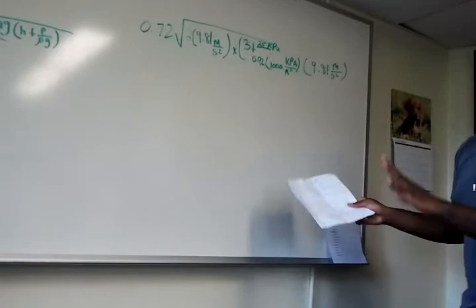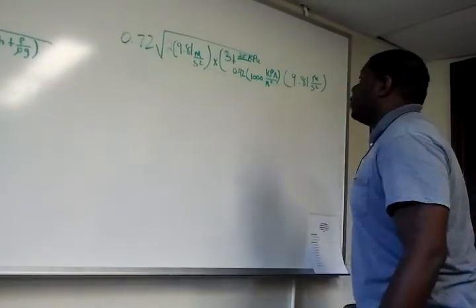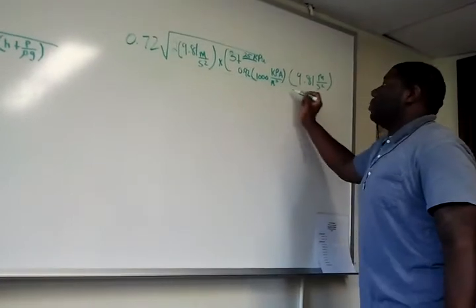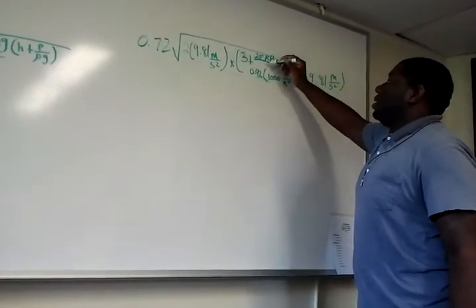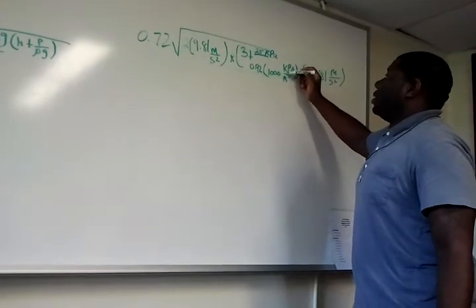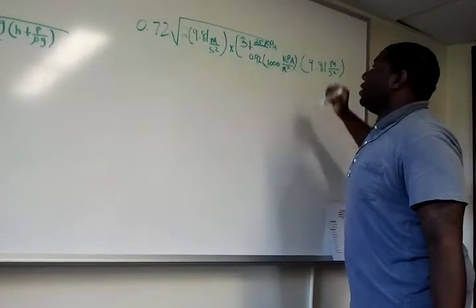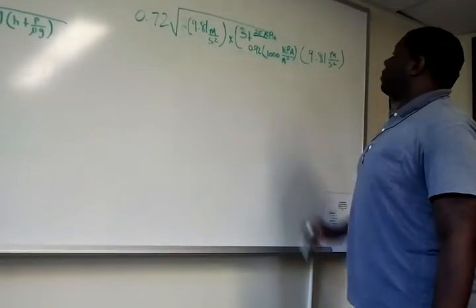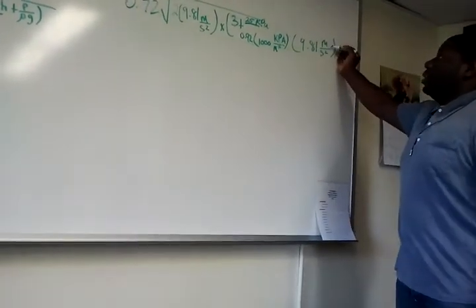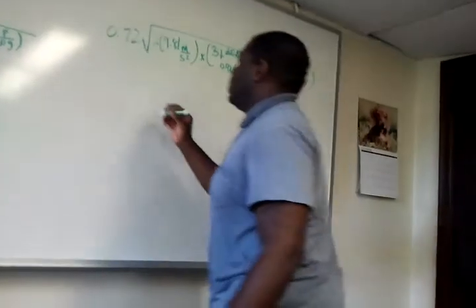Looks like a bunch, but it's really not. First thing we want to do is get rid of our units and bring them back later. We know that kilopascals and kilopascals take each other out, and then we're left with meters cubed, meters squared.